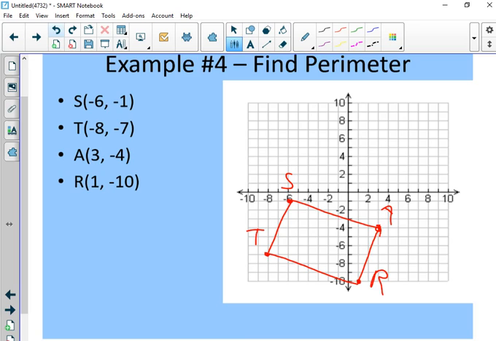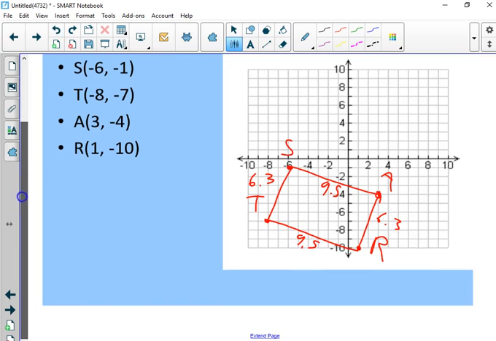So at the same time, I'm just going to do it and then finish it. If you did the distance formula 4 times, I think you don't need more practice on it. It would be 6.3 times 2 plus 2 times 9.5.